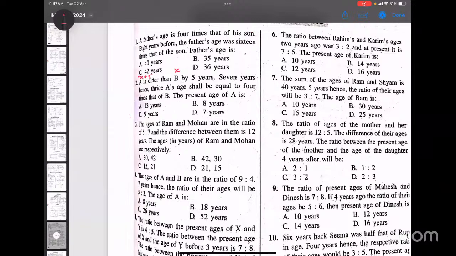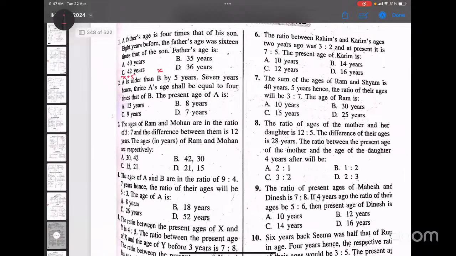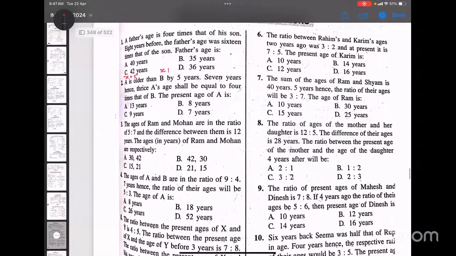7 years hence. 7 years hence means what? After 7 years. So we will add 7.